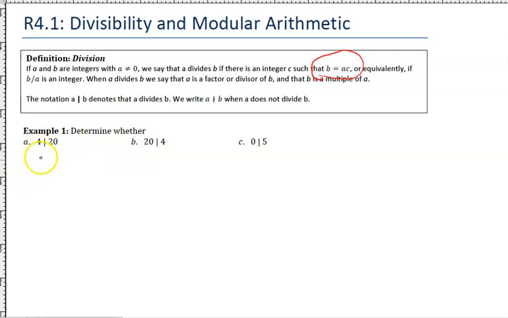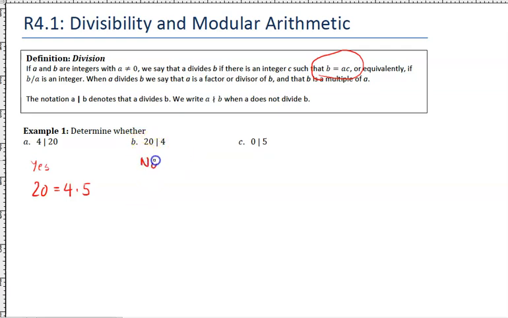Example A says, determine whether 4 divides 20. The answer is yes, because I can write 20 as 4 times 5, which is 4 times an integer. Does 20 divide 4?